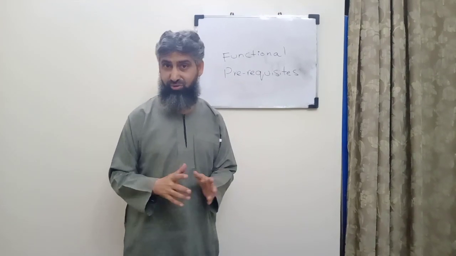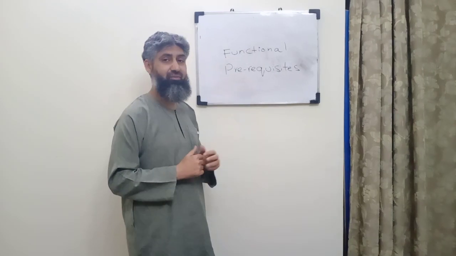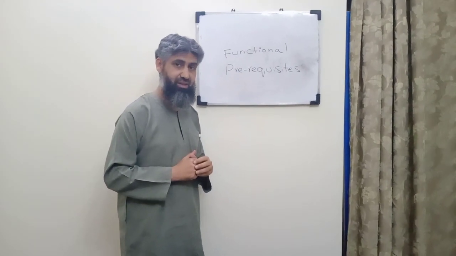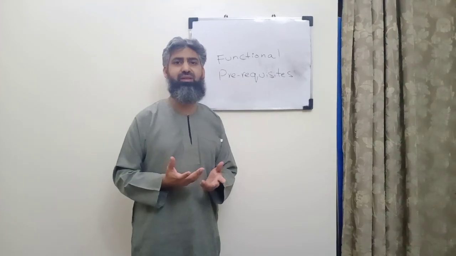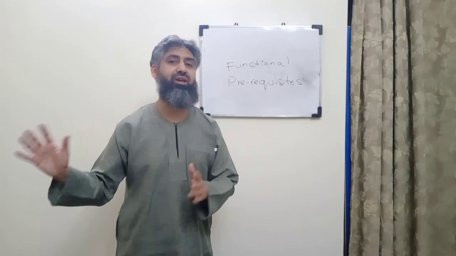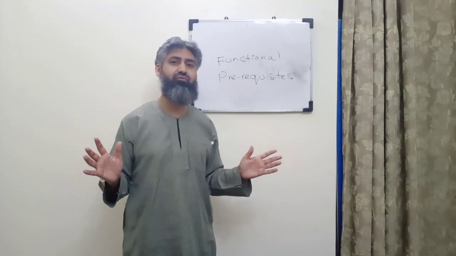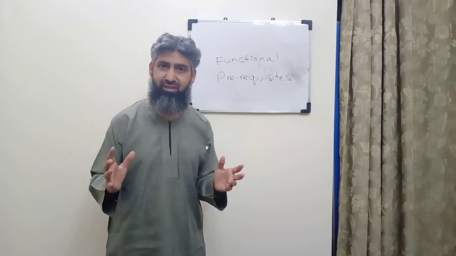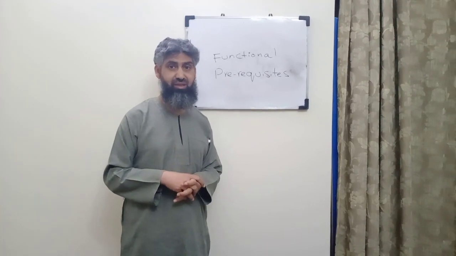There are many approaches. One approach to identify functional prerequisites is that we make a survey, and in our survey we study different human societies and just try to find the common things, the common institutions between various societies.